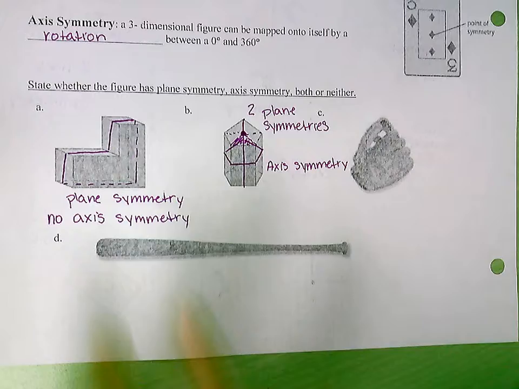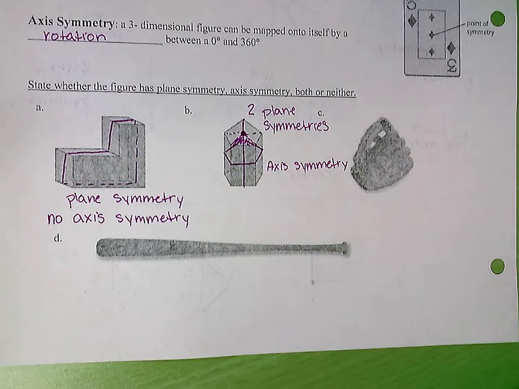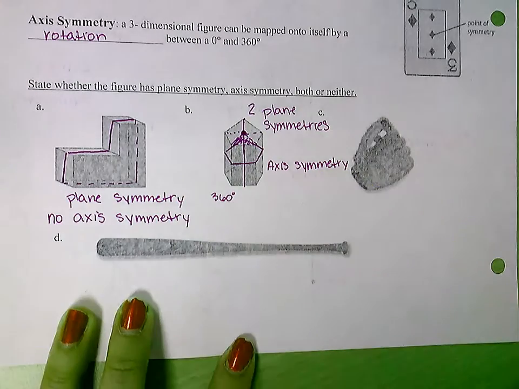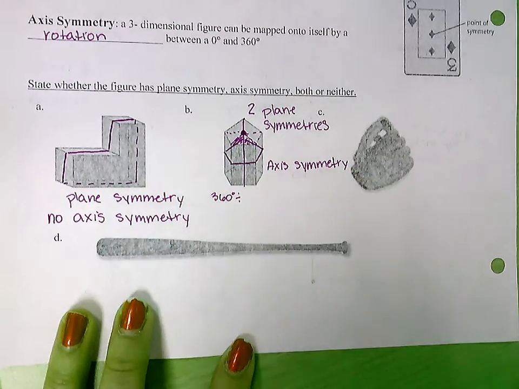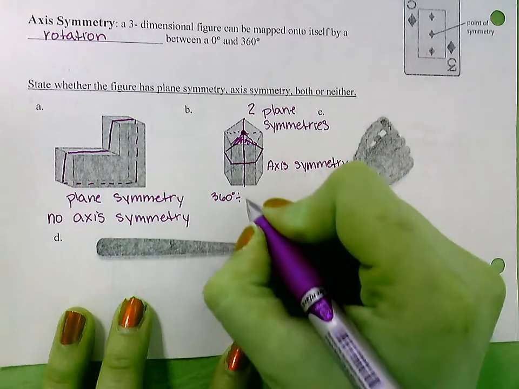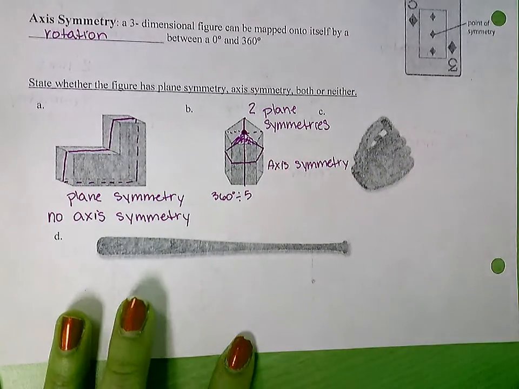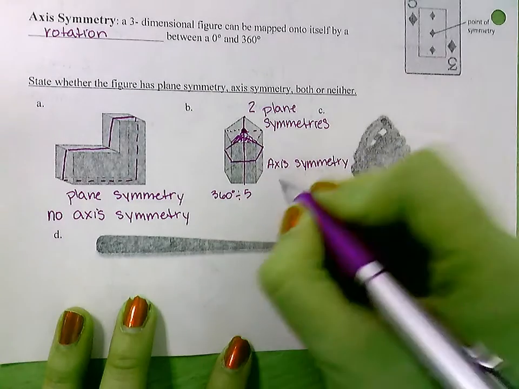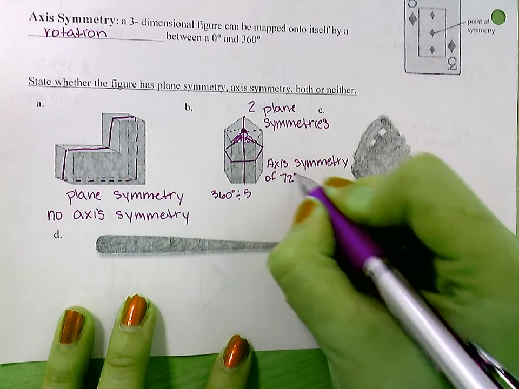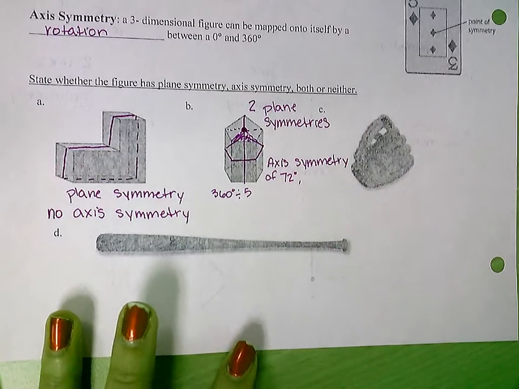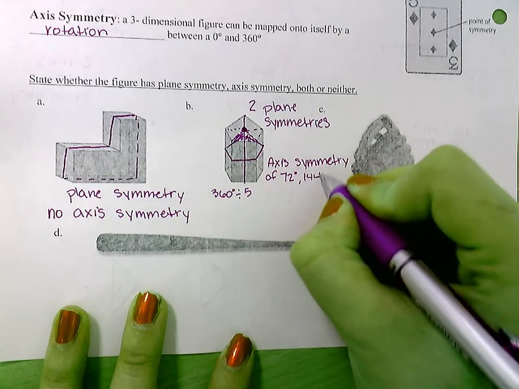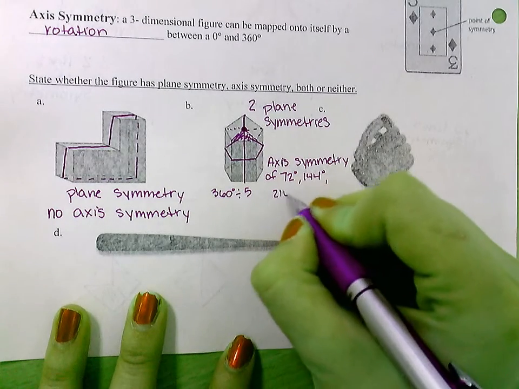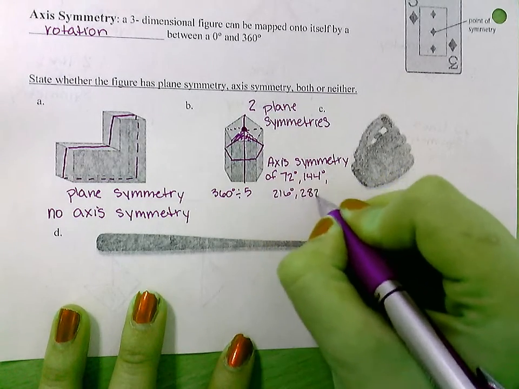And again, I want to state those degrees that I could rotate. So we'll take 360, which is the total amount of degrees, and divide by how many pieces I could make. So 5. Okay, so we'll have axis symmetry of 72 degrees, 144 degrees, 216 degrees, and 288 degrees.